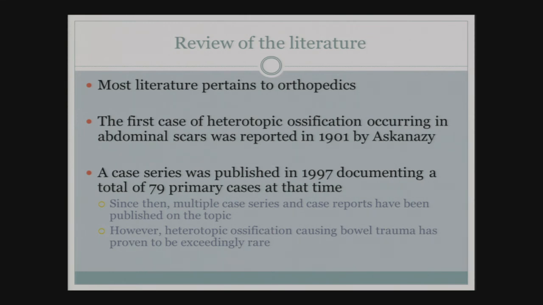Since then, there have been several other case reports and case series published on the topic. However, heterotopic ossification causing bowel trauma has proven to be exceedingly rare. And so next I'll go over several case reports that I found in the literature regarding bowel injury and fracture of this heterotopic ossification.